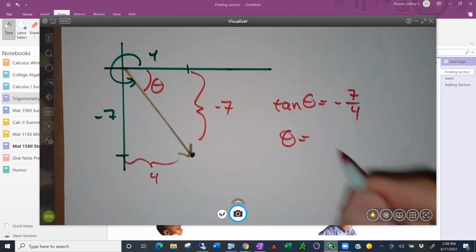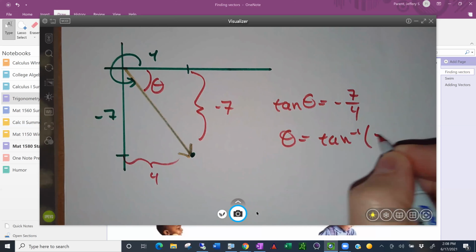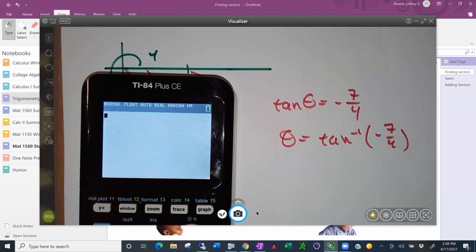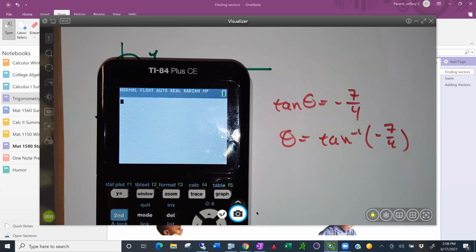And then what's theta going to equal? How am I going to solve for theta? Inverse tangent. Inverse tangent, thank you. So the inverse tangent of -7 over 4. And be careful what you're looking for. You're looking for something in degrees or in radians. Since my calculator happens to be in radians, I'm going to get an answer in radians. So let's see.